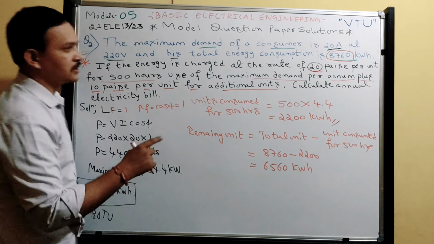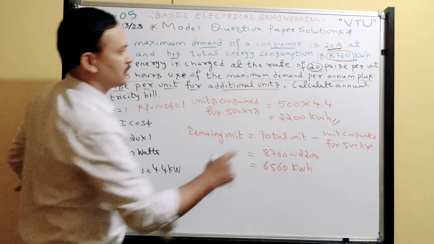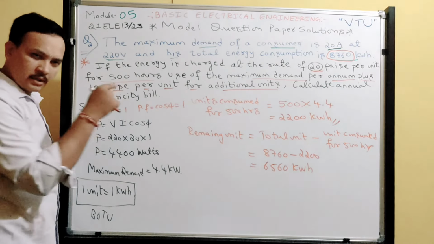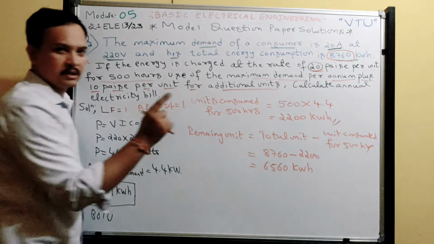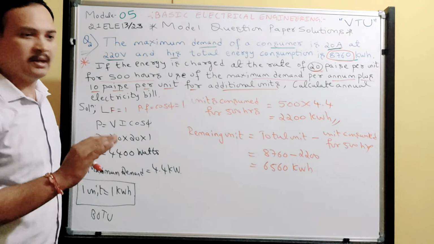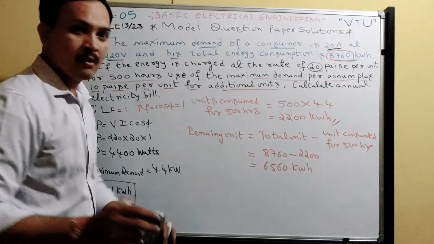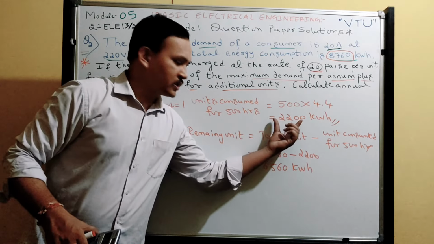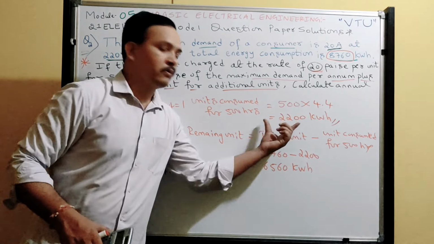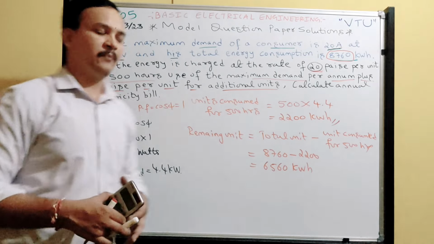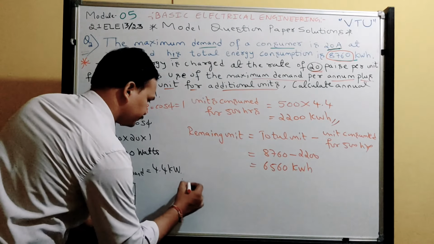For these remaining units, they charge 10 paise per unit. Additional units or remaining units, both mean the same. Now you have to find the annual electricity bill. For this one the cost is 20 paise, and for this one the cost is 10 paise.